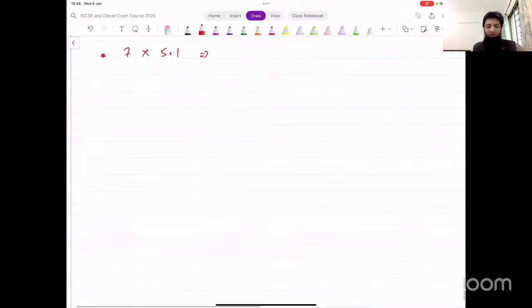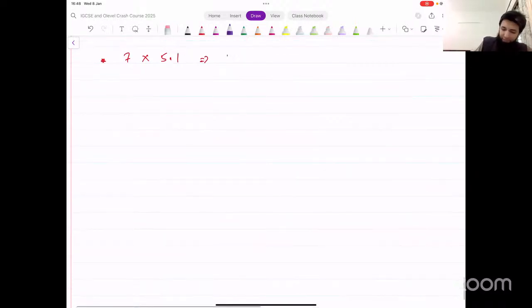Now, how do we do this multiplication? 7 into 5.1. Now, 7 is already an integer. There's no decimal there. We can keep 7 as it is. Okay. What about 5.1? How many decimal places is that? That's 1 decimal place. We can write that as 51 over 10 with a single 0, right? We can write 5.1 like this.